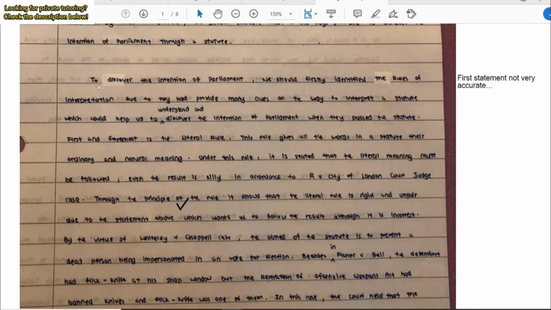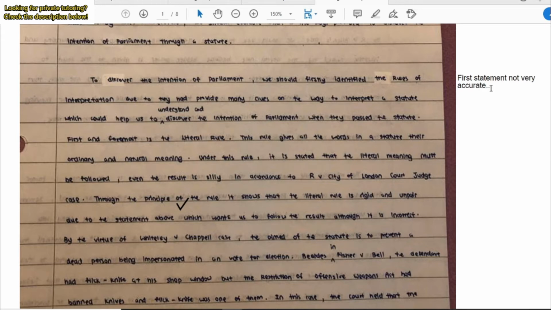You can see this paper, it says to discover the intention of Parliament. I hope you can see the cursor. To discover the intention of Parliament, we should firstly identify the rules of interpretation due to they have provide many clues on the way to interpret the statute, which would help us to understand and discover intention of Parliament when passed the statute.